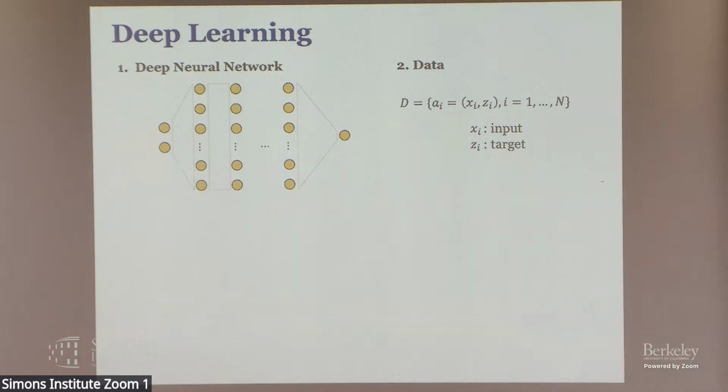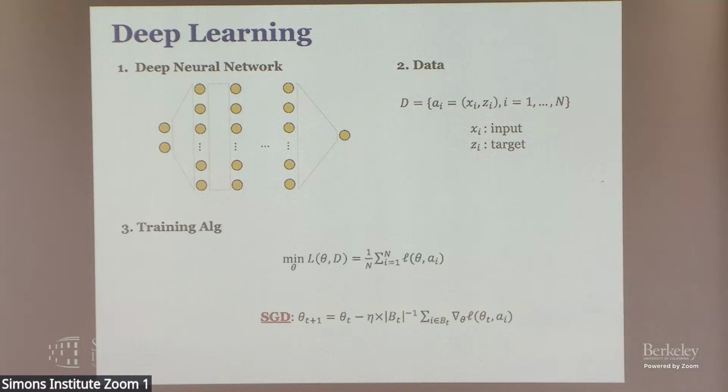In the case of large language models, the input would be a sequence of tokens, and the target would be the next token. But you can also think about images and labels and all kinds of data. Once you have these 2 components, the third component that connects the 2 is the training algorithm. The training algorithm takes the data and updates the neural network using knowledge from the data. It's usually done via the paradigm of empirical risk minimization.